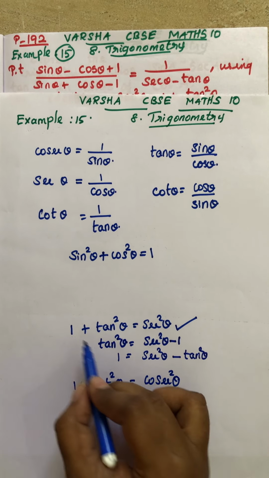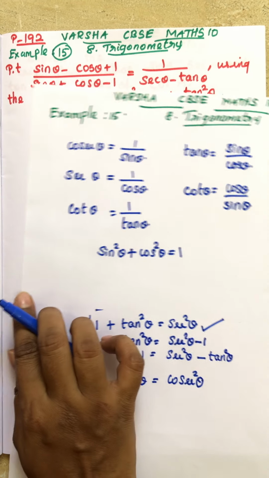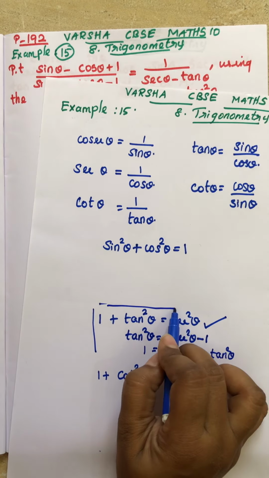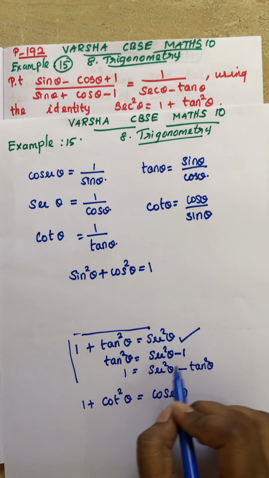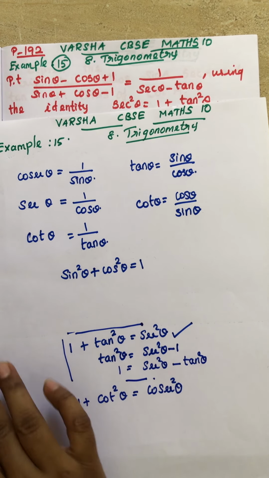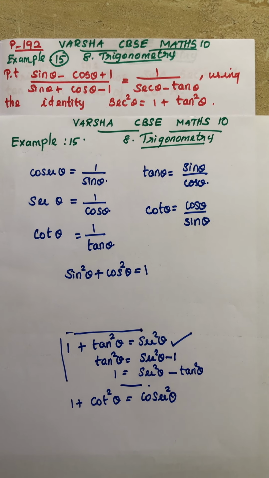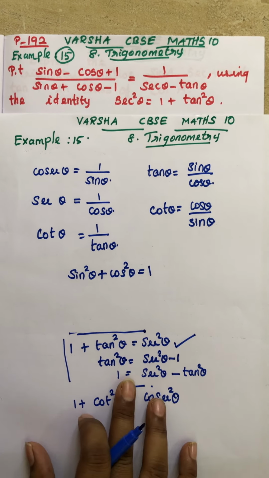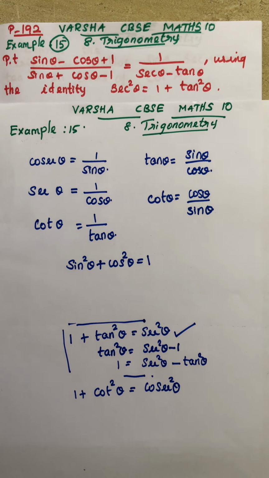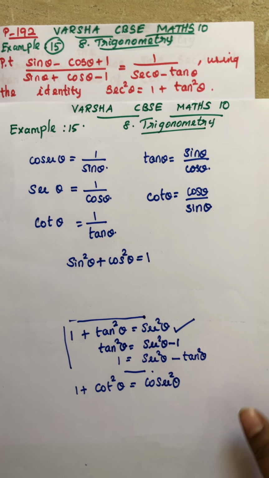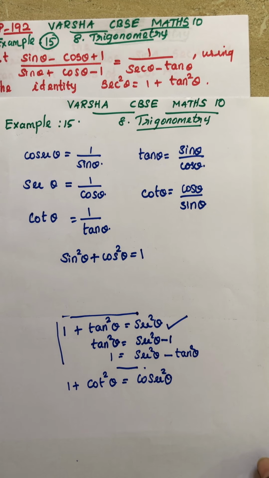So this identity you can write in two ways. This is the main identity we are going to use in this sum. To recall those things, I have written them on another paper. So now go to the main question.